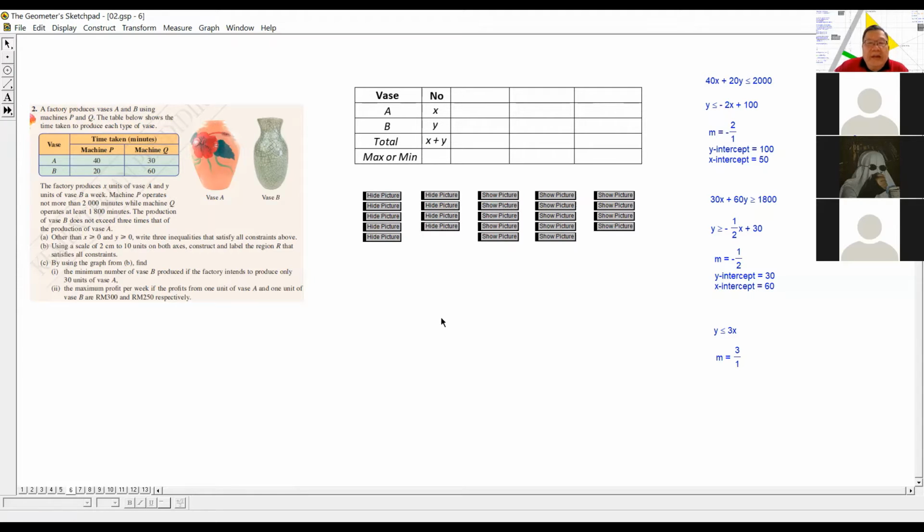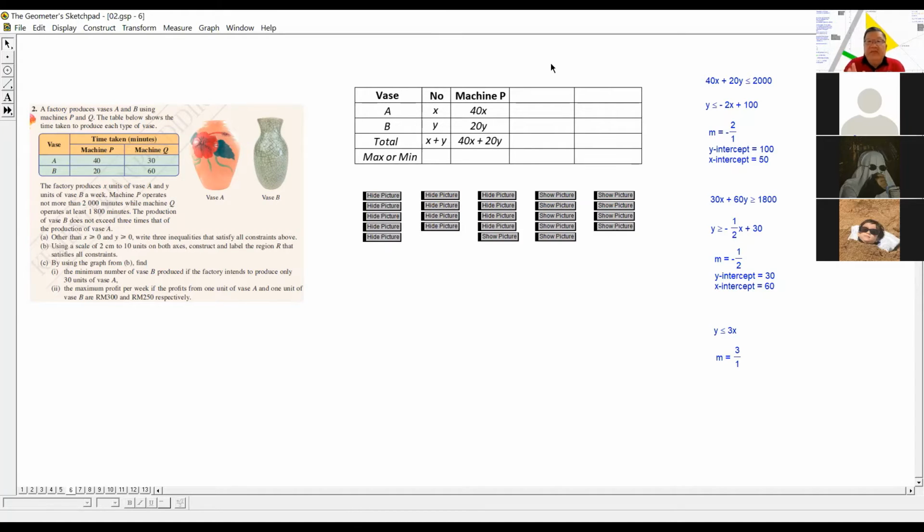Now, other than number, what are the factors that affect the production of this vase? The other factor is machine, machine P, right? This machine P uses 40 minutes to produce one vase A. But we want x vase A, so the total time taken by machine P will be 40x.